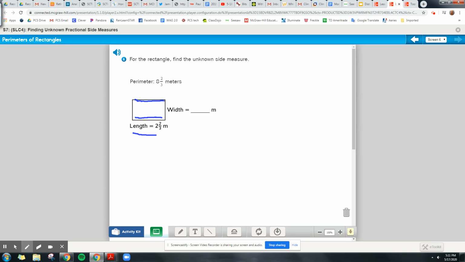So if I take the perimeter, 8 2/3 has to equal 2 2/3. Remember, you have to add up all the sides, plus 2 2/3, plus W, plus another W because you've got two widths.